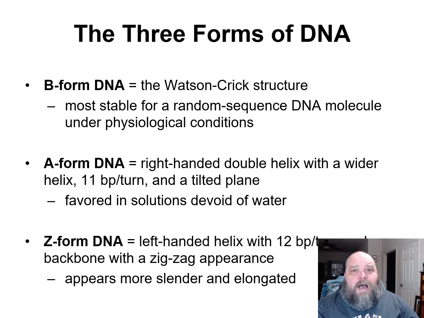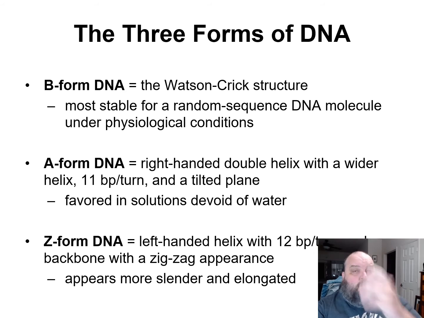B form, aqueous solutions. A form, non-aqueous solutions. If you isolated the DNA and you say put it in alcohol, there you go. Put it in some other solution that's not water-based. A form. But there's always a but, there's another form.